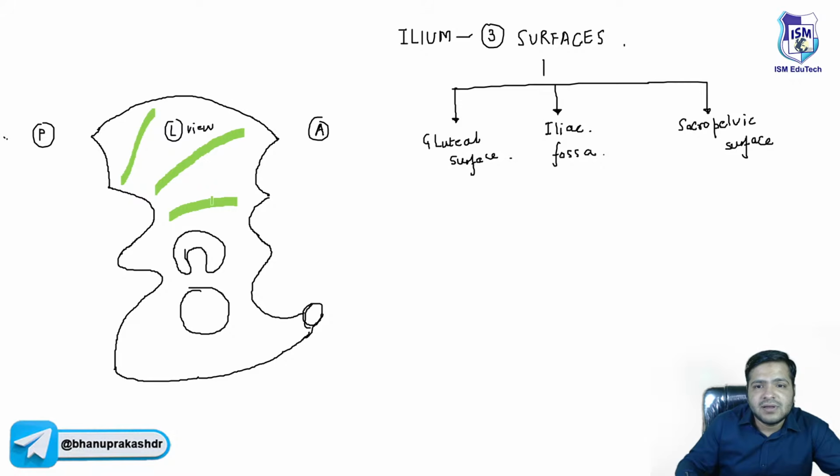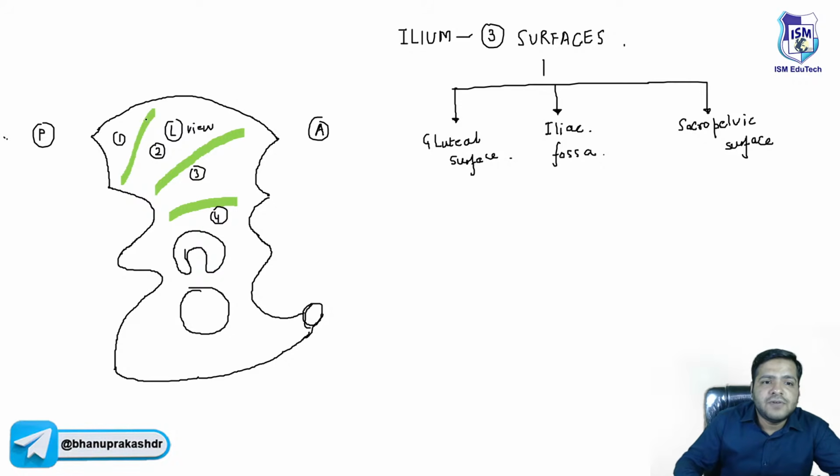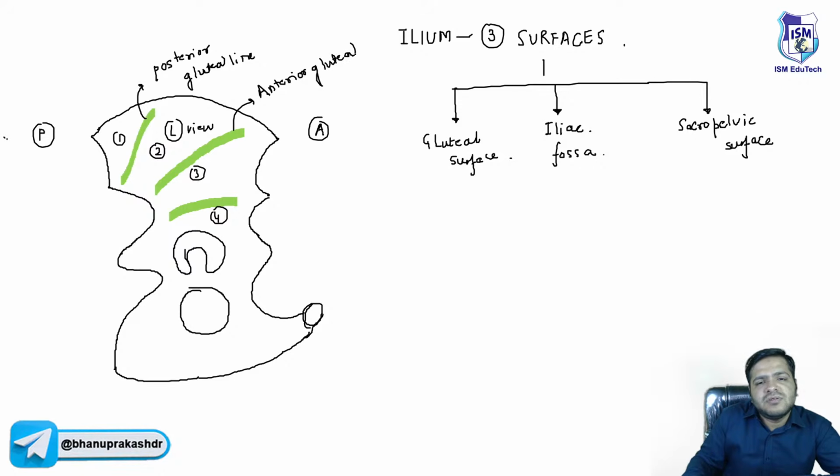So these three lines basically divide this gluteal surface or the lateral surface into four regions. Remember we have one, two, three, and four parts. We have the posterior gluteal line, the anterior gluteal line, in some books it is written middle also, and we have the inferior gluteal line.